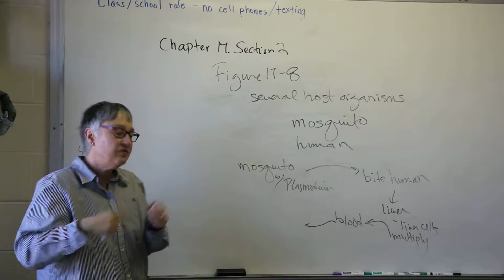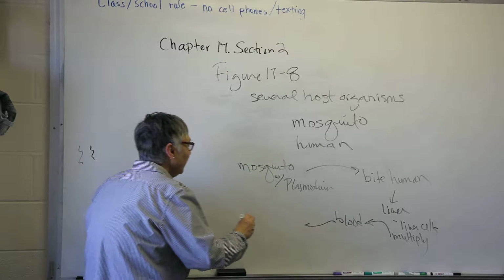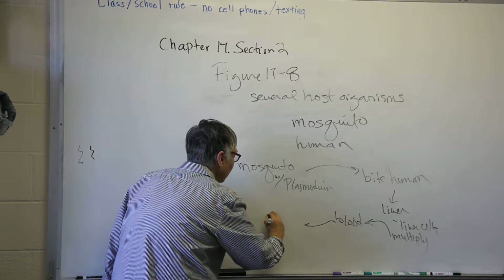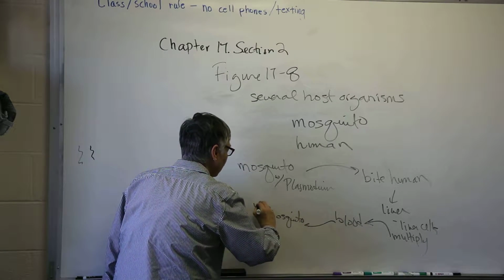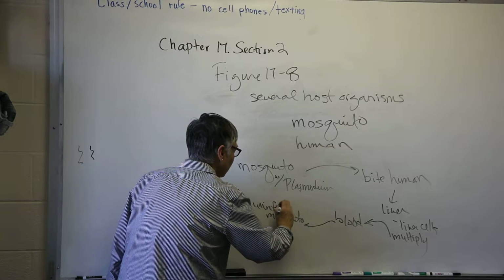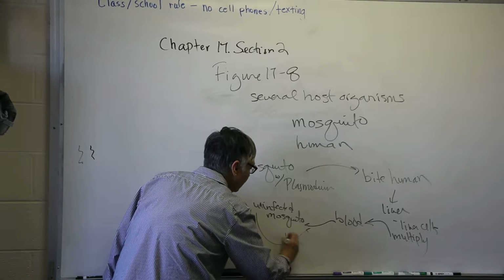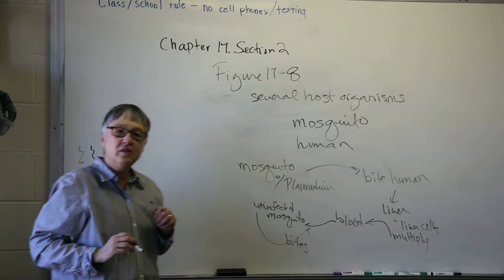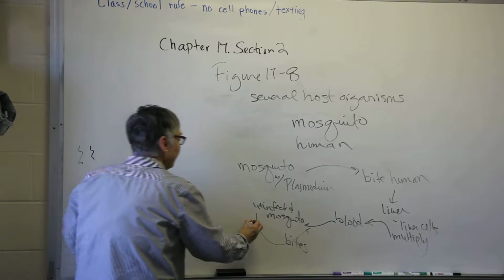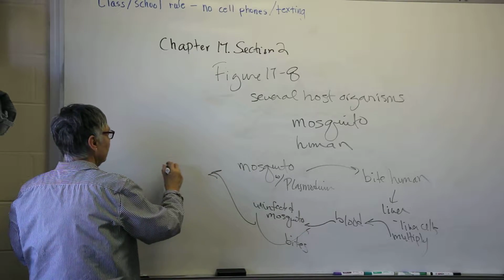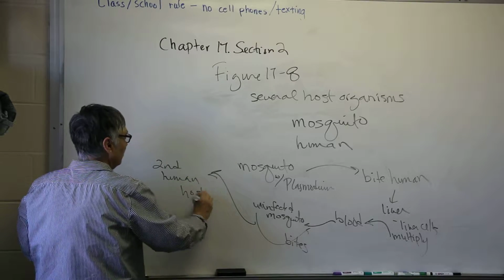Now it will, in a different part of its life cycle, replicate within the bloodstream, and if another mosquito, maybe that's uninfected, bites that human, it's going to then take up the Plasmodium, and then it can transfer to a second human host through a bite.